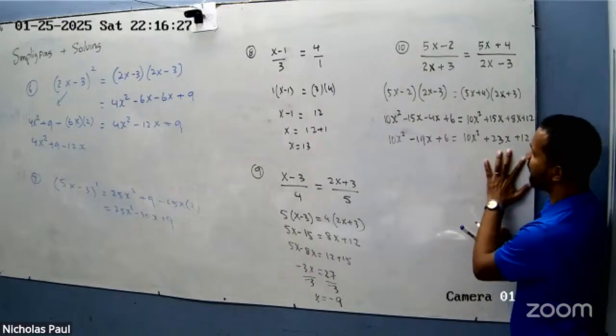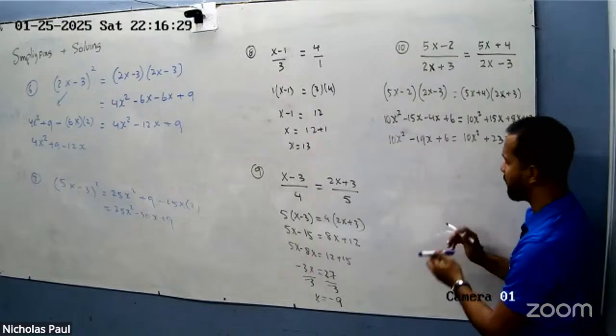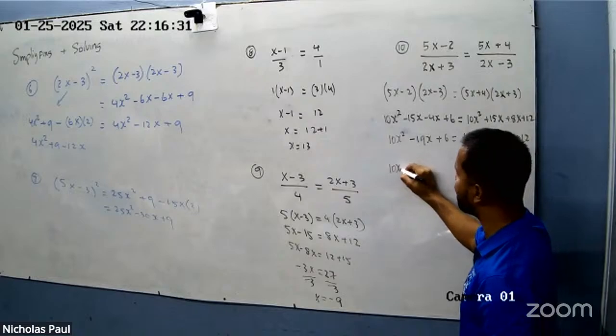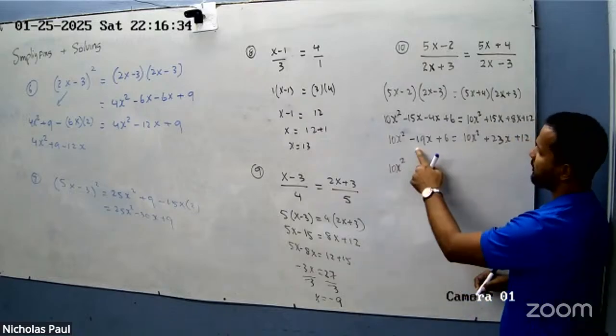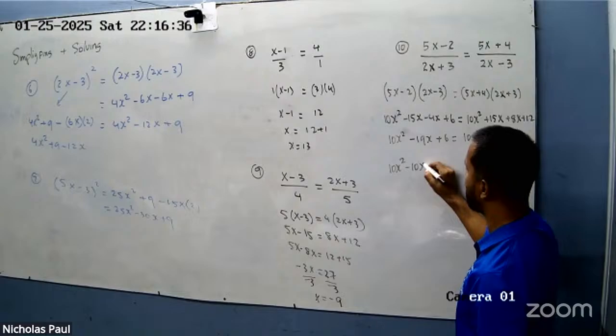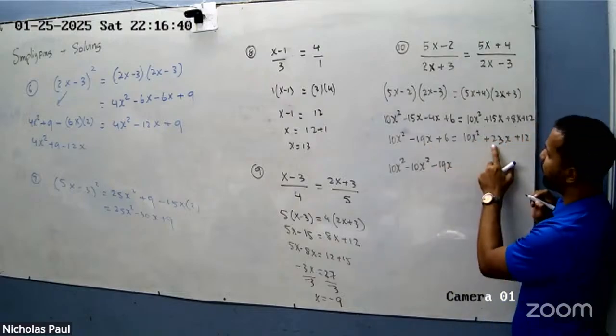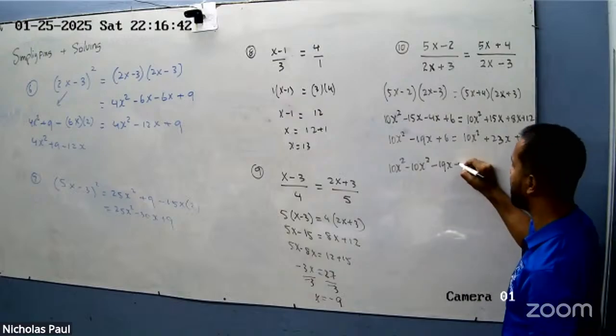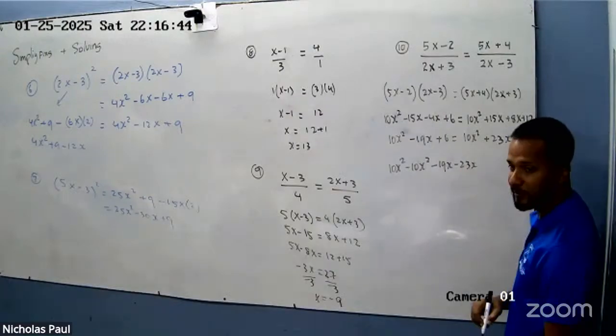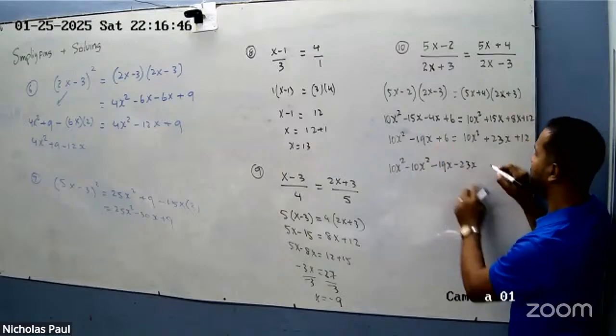When you reach here, bring your like terms together. So we're going to get 10x squared. Move across 10x squared, I'll get minus. I have minus 19x. Move across plus 23, you'll get minus 23x. Right? I have plus 6 here.